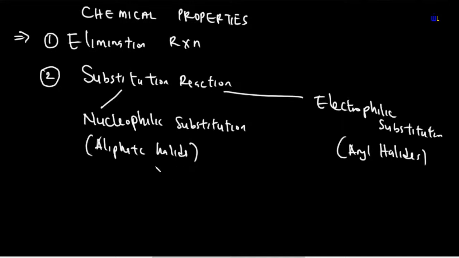The extra thing I would like to put here is that under nucleophilic, there are two forms of nucleophilic substitution, which are the SN2 mechanism and the SN1 mechanism. We're going to discuss all these things, but I'm just trying to outline the major reactions that occur in your halo halide.